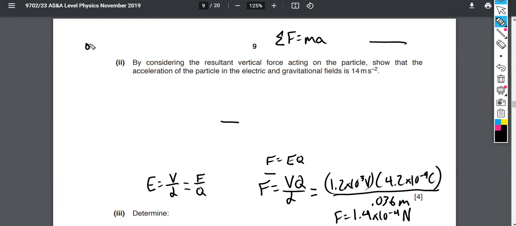Let's draw a free body diagram. So here's our charged particle, and there's a force down called weight, that's equal to mg, and there's a force up, the electric force acting on this charged particle in the uniform electric field, which we've already calculated as 1.4 by 10 to the negative 4 newtons. We know that that's the stronger force because we can see which way it accelerates, right?